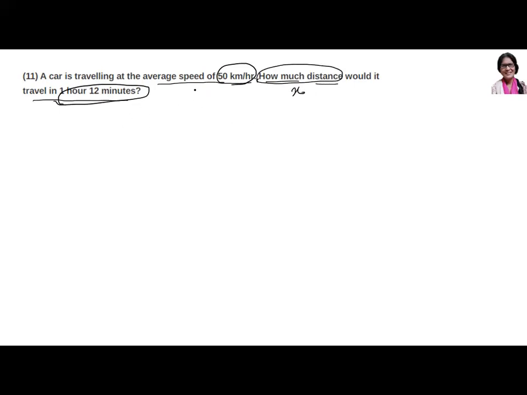Or directly, this is a very simple question, just multiplying you will get it, because it is in 1 hour. In 1 hour the car travels 50 kilometers. So no need of x, only convert this time to hour. So how to convert? 1 hour 12 minutes is equal to 1 whole 12 upon 60. 12 upon 60 means it will be 1 by 5, because 12 5 times is 60.